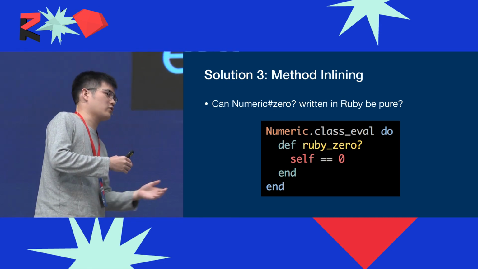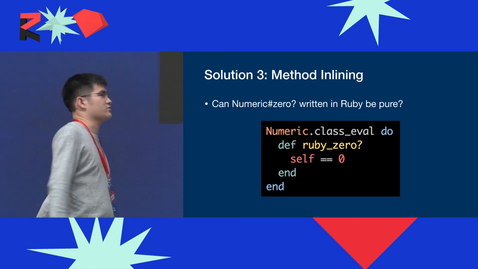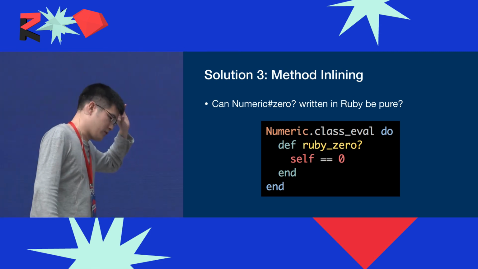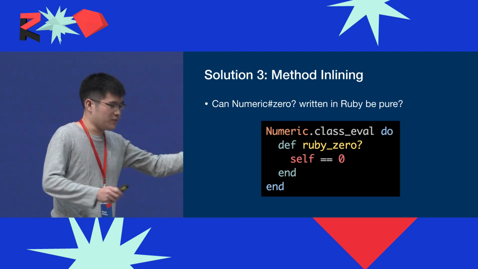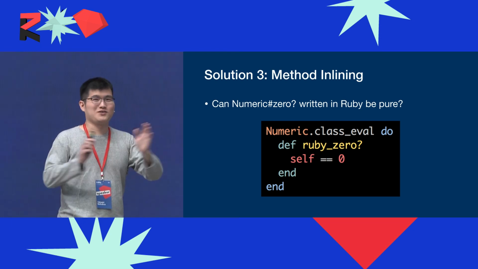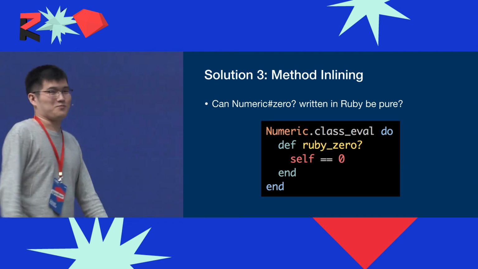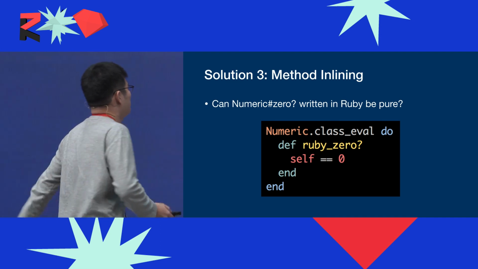Some core methods like zero question are currently not defined in Ruby and are written in C, but once we rewrite the C core in Ruby, they can be inlined, and it means that Ruby can be faster than the C language in some situations. And it's much happier for Ruby core developers.